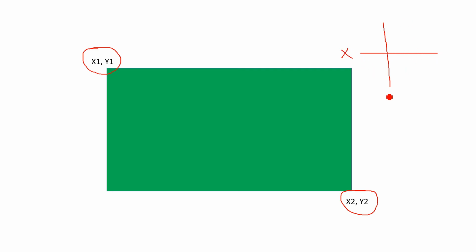We go from the top left corner to the right corner, and then it creates one rectangle. So let's see how to do that in code.